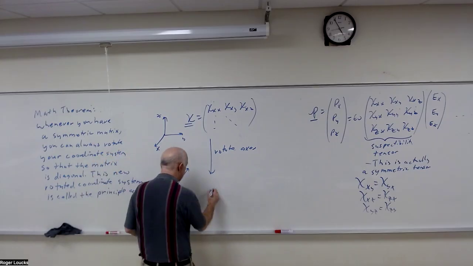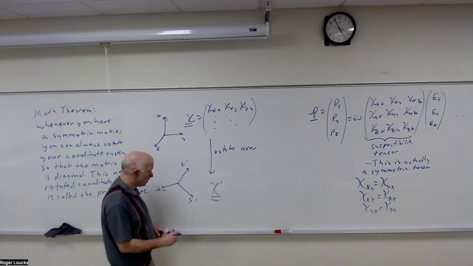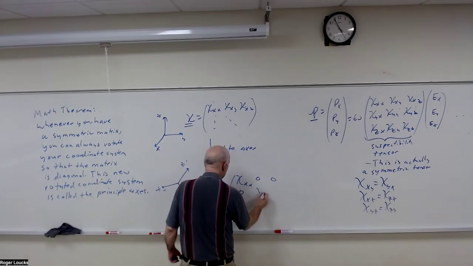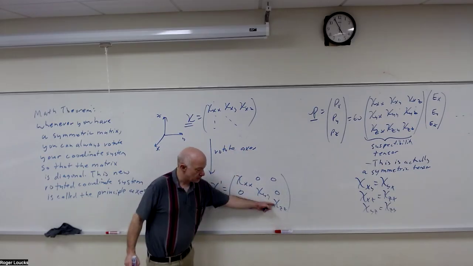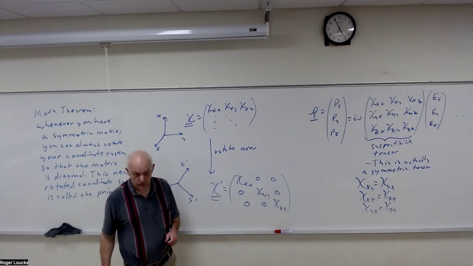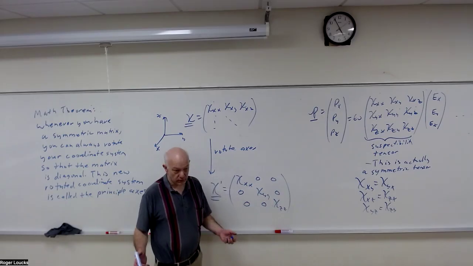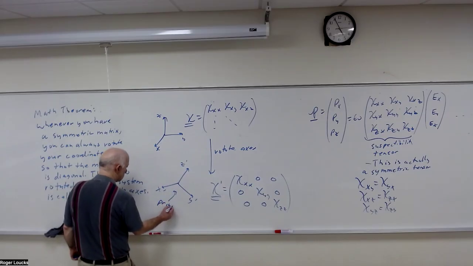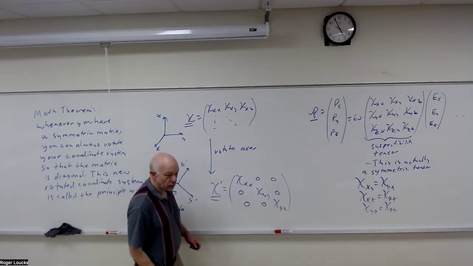Now when I write the chi for this, with a little prime on it, meaning chi in this new frame, it becomes chi xx, 0, 0, 0, chi yy, 0, 0, 0, chi zz. These values do not have to be the same, and they won't be the same. So these are the principal axes.